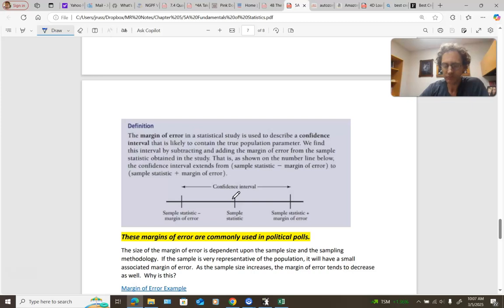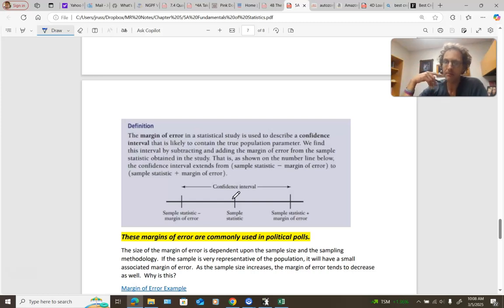Let's say we take a poll and we find that 55% of those that we sampled favor candidate X, and there's a margin of error of 5%. First of all, the 55% is our sample statistic. That's the percentage of people from our sample that actually favor this candidate.